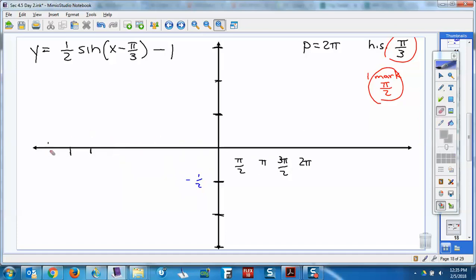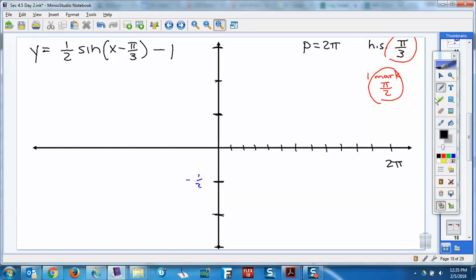Okay? So I'm going to go 1, 2, 3, 4, 5, 6, 7. That's going to be my 2 pi. Okay? So let me erase these here.